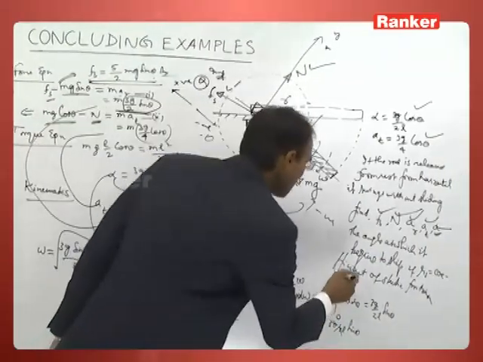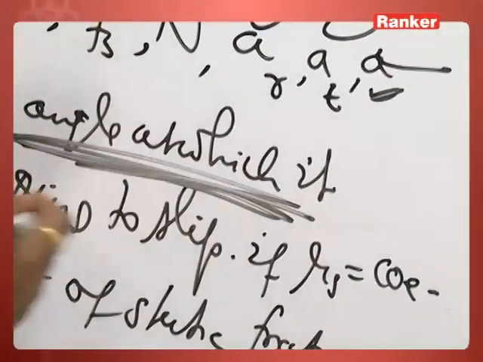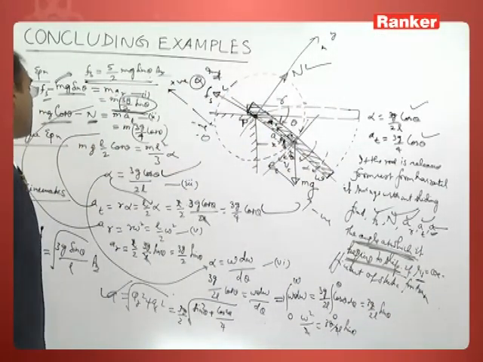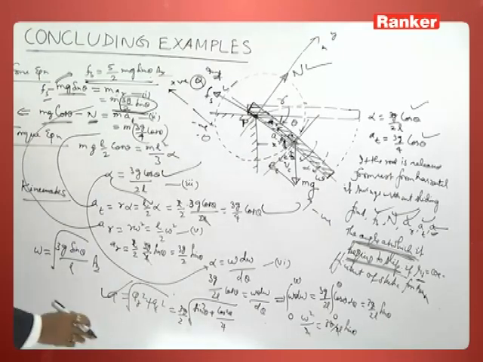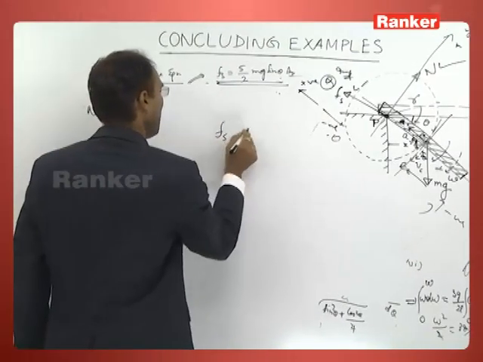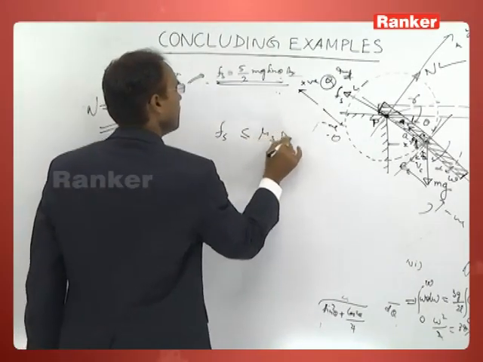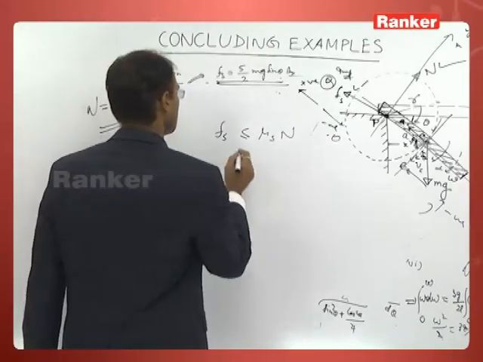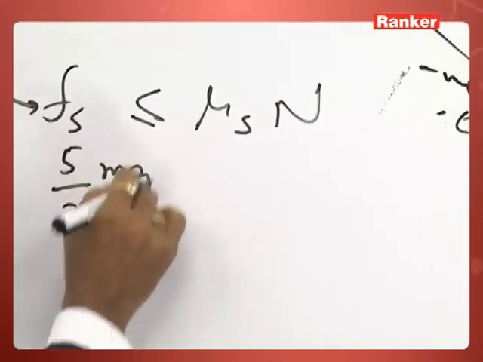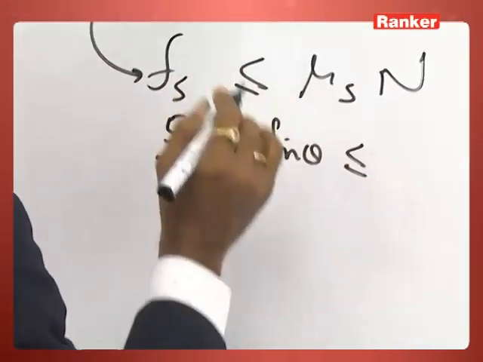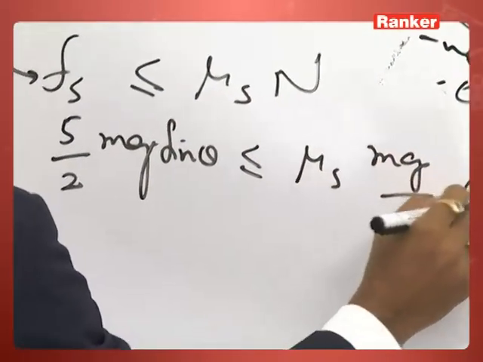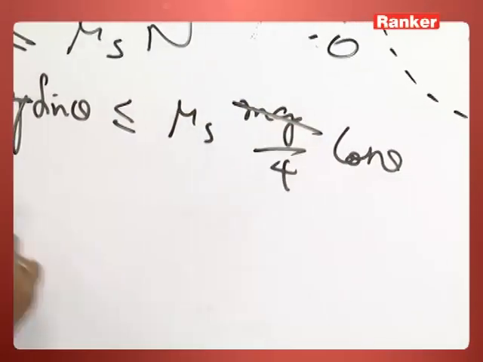But we need to calculate the angle at which it begins to slip for a given value of mu s. That's very interesting. For that, we need to write the law of static friction, which states that Fs is less than or equal to mu s into N. So Fs you have got 5 by 2 mg sin theta is less than or equal to mu s into N, mg by 4 cos theta, is getting cancelled.